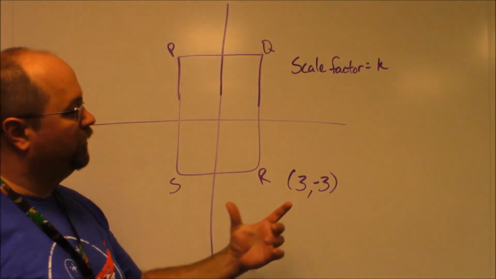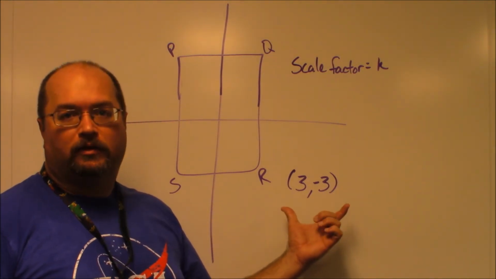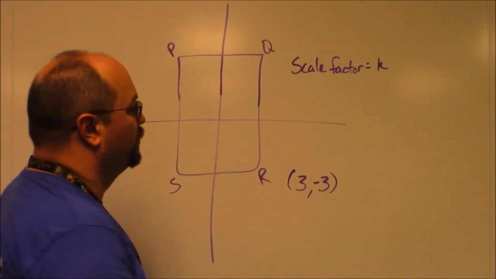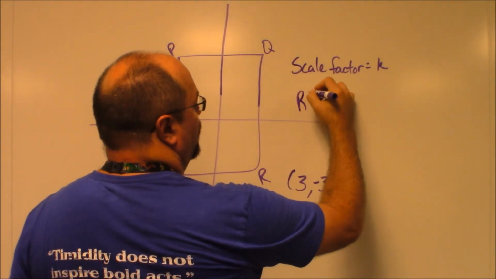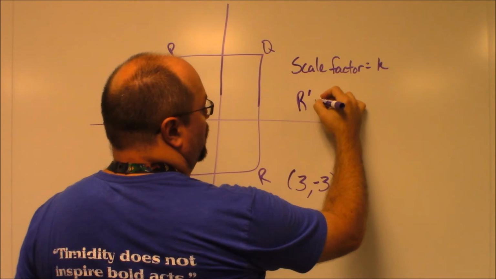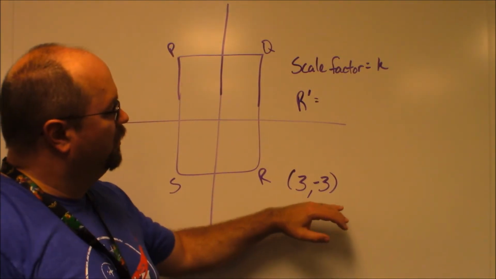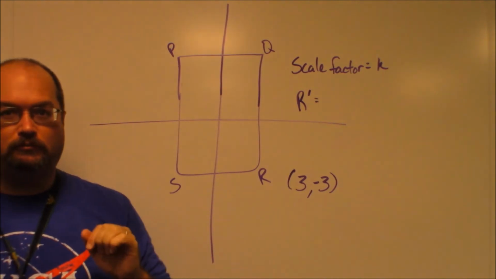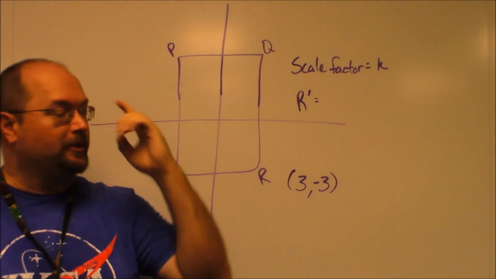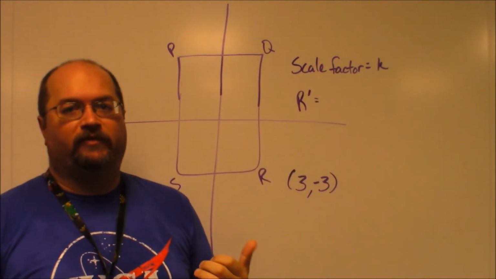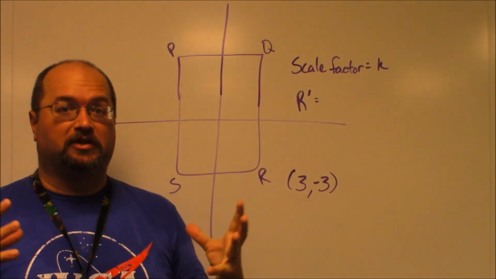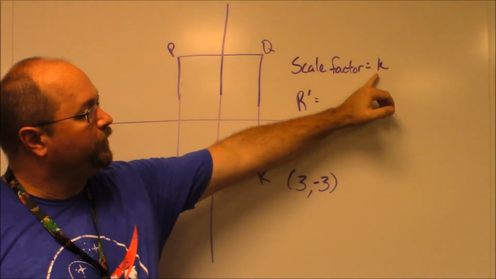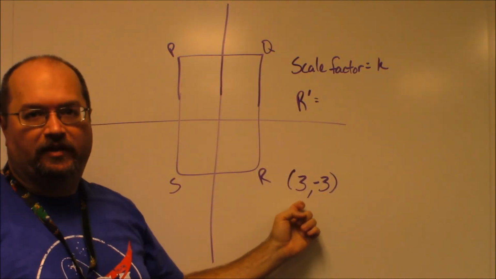So we've got to come up with a set of coordinates for this R' value with just this information, and that's all we're given. But again, does it matter what value k is? If k is bigger than 1 or less than 1, it doesn't matter. Because it's a scale factor, we know we're going to multiply it by each of these values.